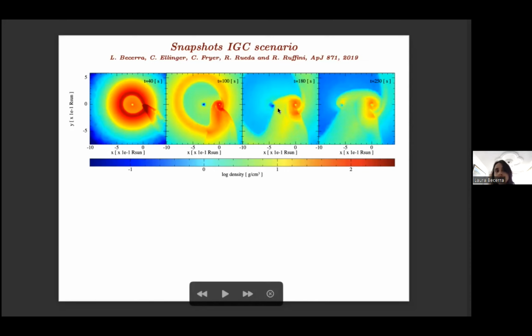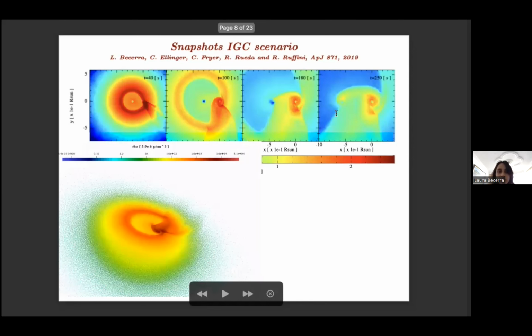But also at some point, this new neutron star will start to attract the material that was captured by the neutron star companion. And also we will have a disk around this star. So here is a 3D visualization of the system, and we see the close-up of the binary. The material is highly asymmetric.